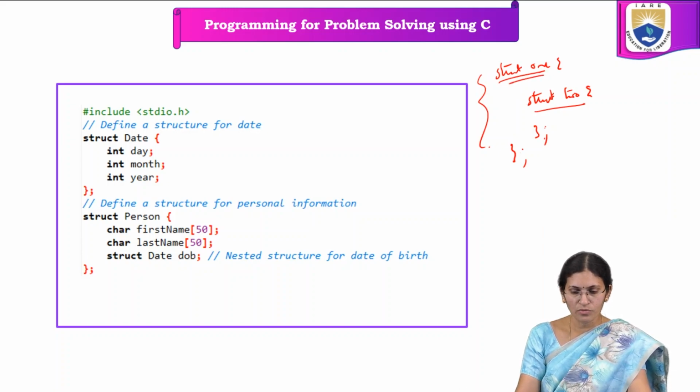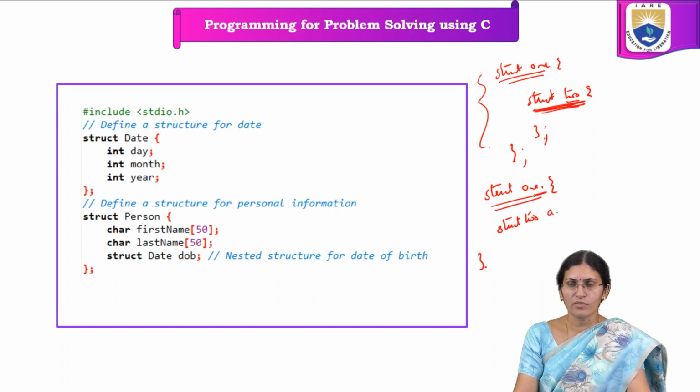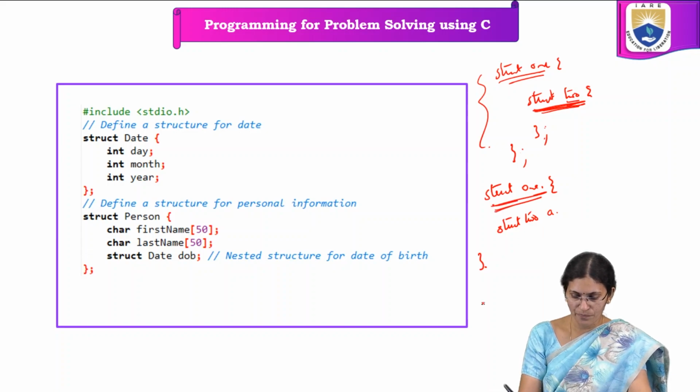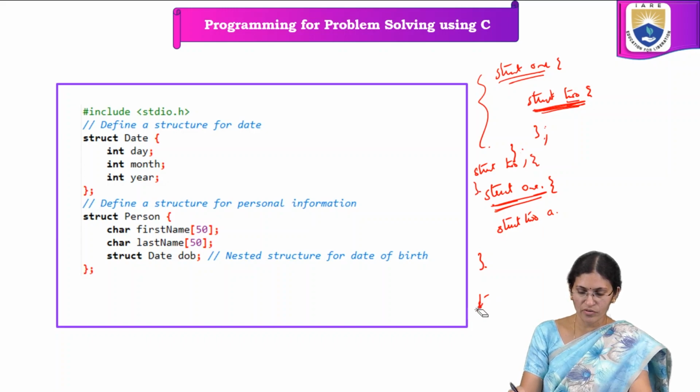The other way is to declare a variable of one structure inside another structure. For example, inside struct 1 we declare a variable of type struct 2, and then we write the definition of struct 2 separately. This is also called a nested structure.